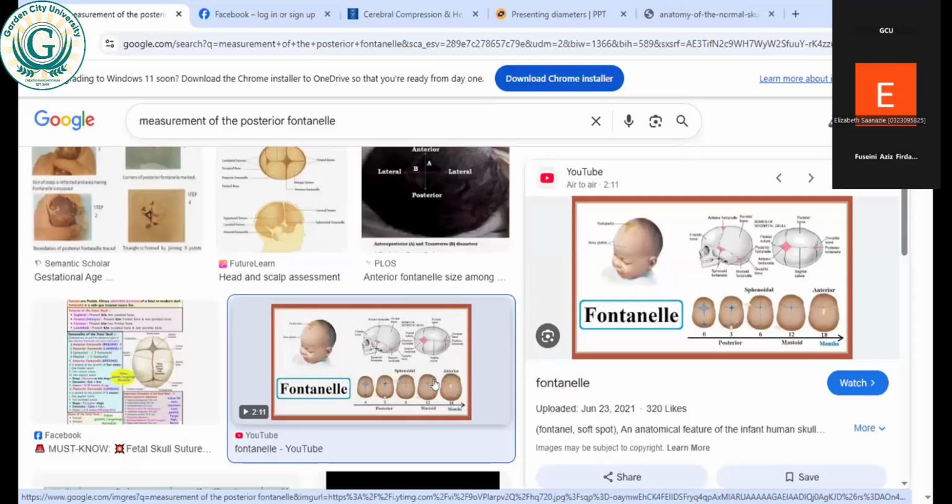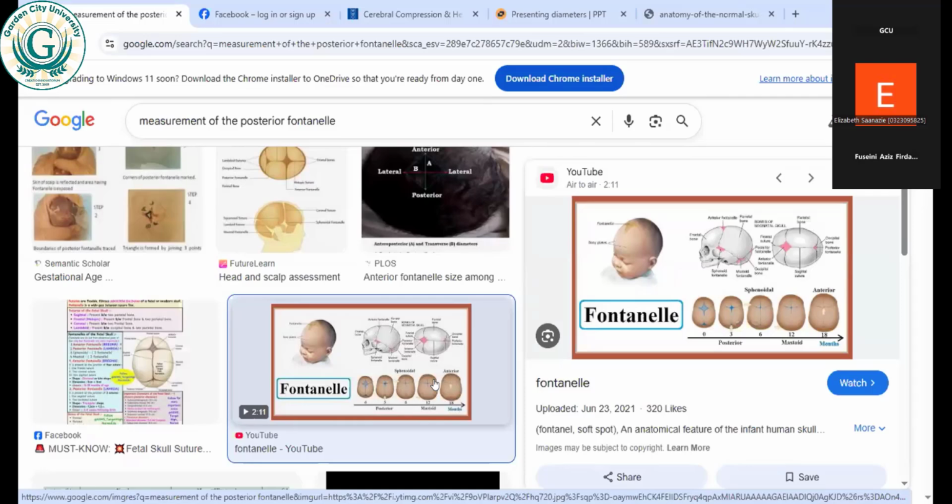So we have the lambdoidal suture, extending from the occipital bone to the two parietal bones. That's the lambdoidal suture, and it is triangular in shape.